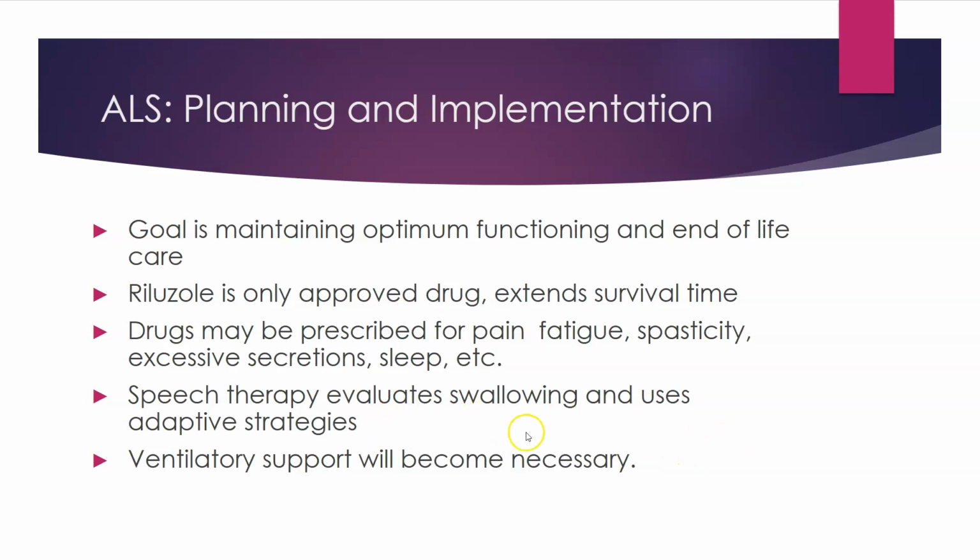Speech therapy is especially helpful for the swallowing and airway issues. Ventilator support ultimately will become necessary with this, so we can protect their airway and work with that as much as possible.